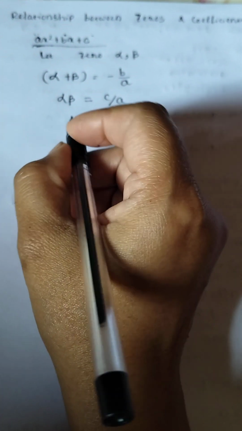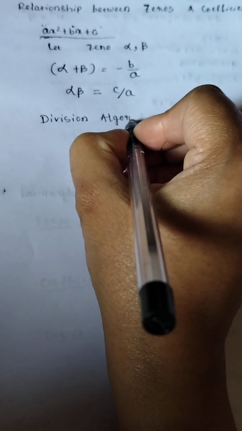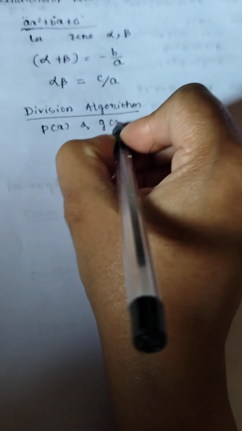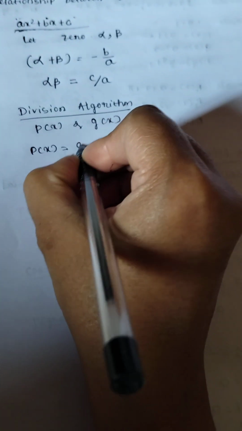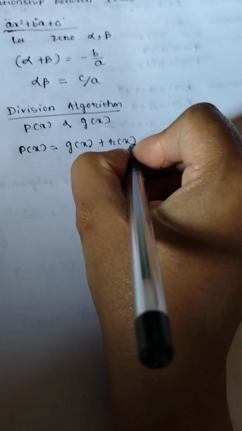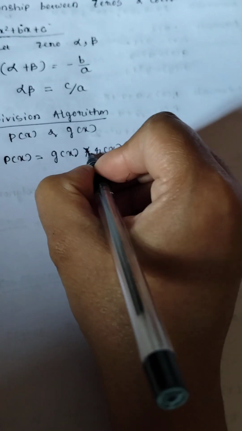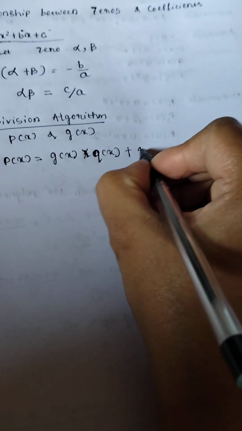Next we will learn about the division algorithm. What it says: if p of x and g of x are two polynomials, then p of x equals g of x into q of x plus r of x.